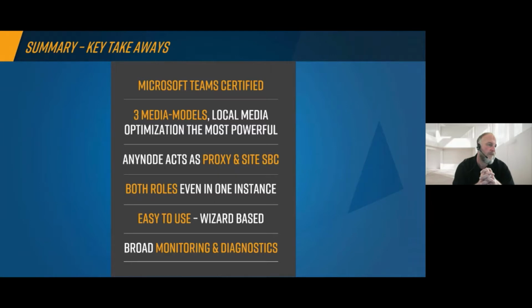And if the user is external, can you choose whether they do bypass or whether they go via Microsoft? No, when you're using local media optimization, they will always try to media bypass, but possibly not in the shortest way. Then it will go to the external port of the proxy SBC.